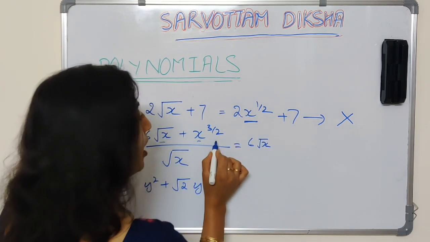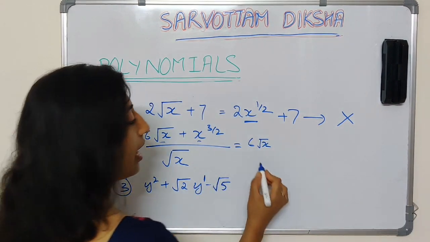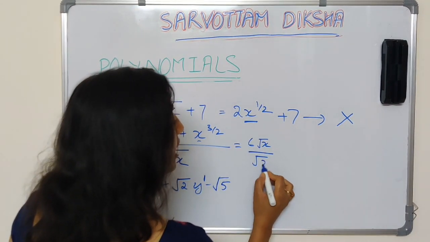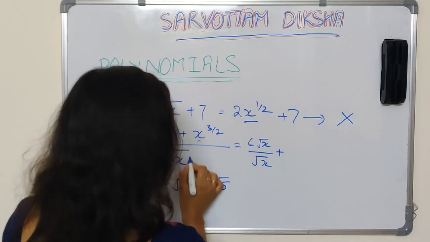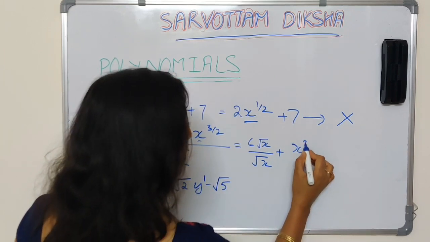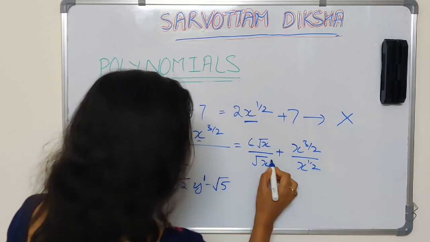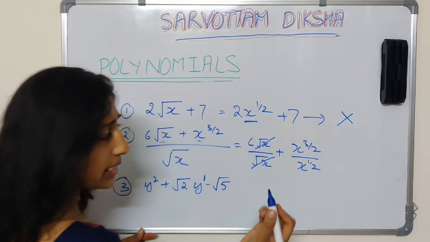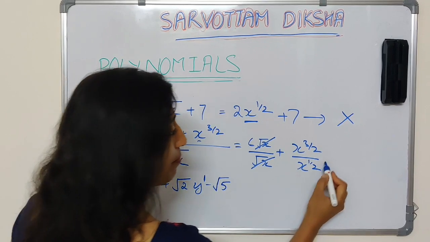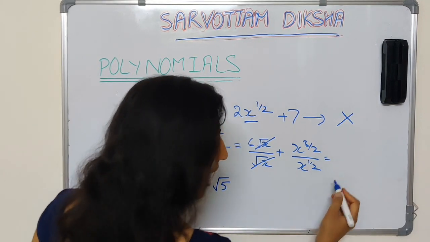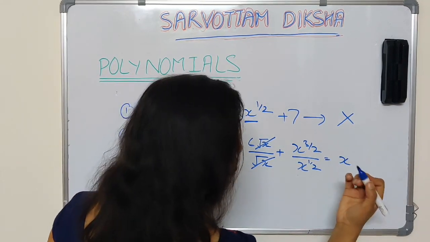We have two quantities in my numerator and I can divide each of them by root x, my denominator. So this root x gets cut with root x. Here my bases are the same, so I can subtract their exponents.